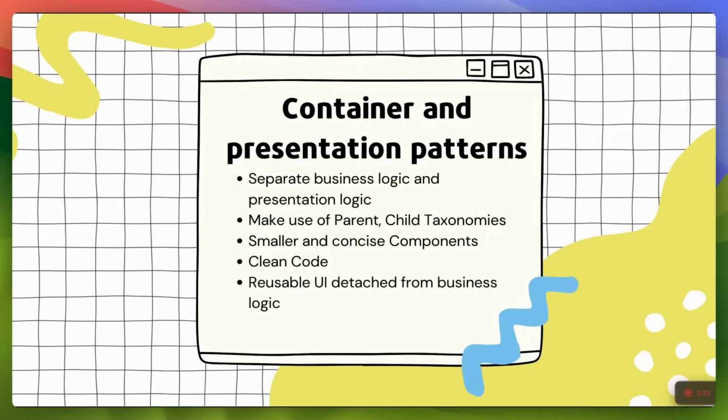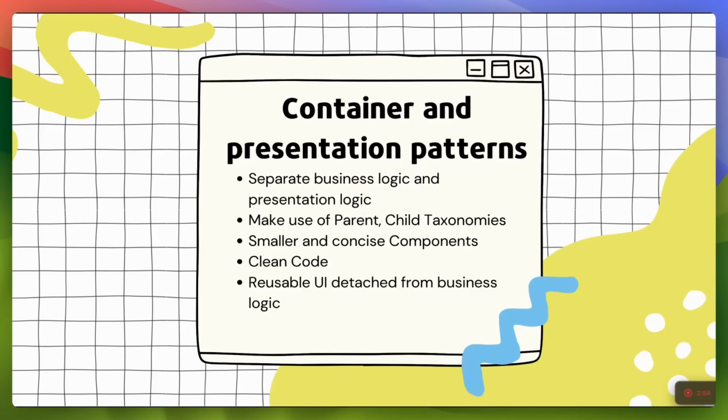This design pattern helps to keep your code small and clean and also allows you to reuse your UI code separate from your business logic. So sometimes it may happen that your component is so large that it has a lot of business code as well as UI code.